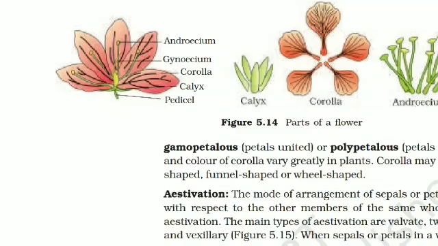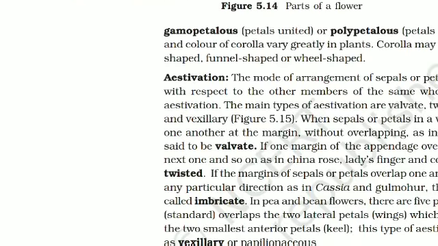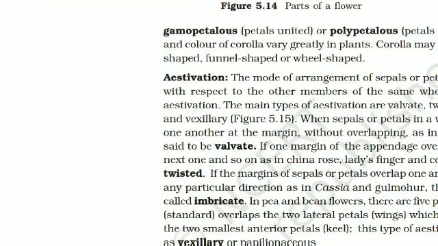You have learned, I told you. The main types of estivations are valvate, twisted and vexillary. When sepals or petals in a whorl just touch one another at the margin, it is called valvate estivation.